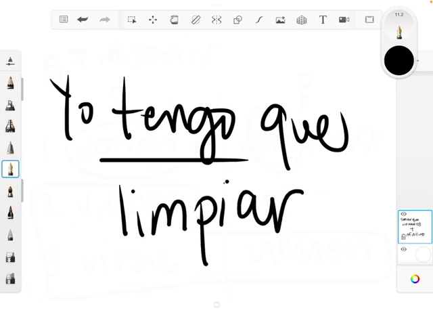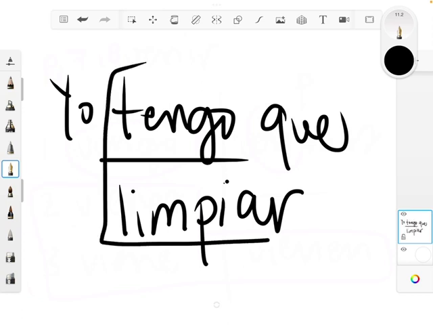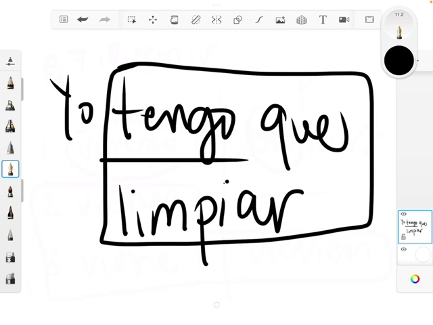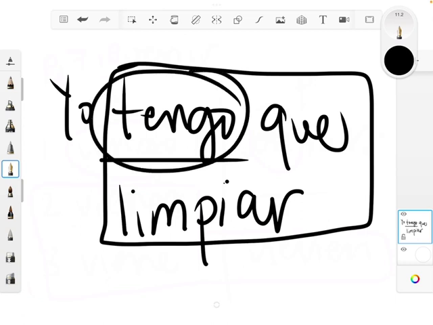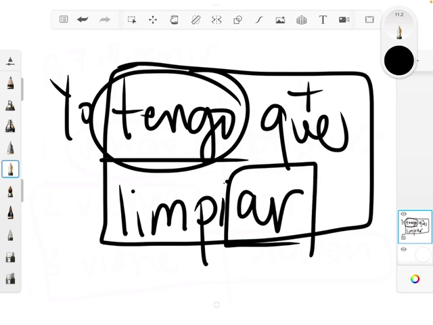I have to clean. So notice this is a verb phrase. This goes together. This is your full verb, but you only conjugate the first one in this situation. Que is kind of your joiner here. I have to what? I have to clean. This remains in the infinitive form.